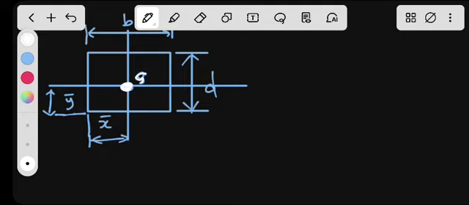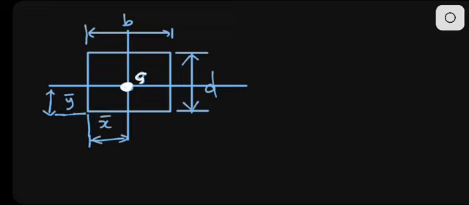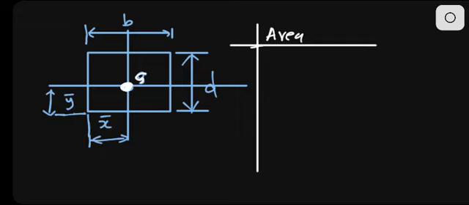If we're given this and we're supposed to calculate the area of this object, the area will be the base, B, multiplied by our depth. Then what about x bar?